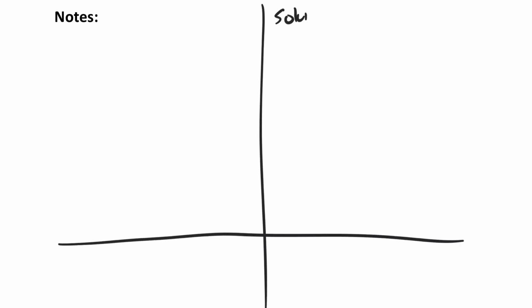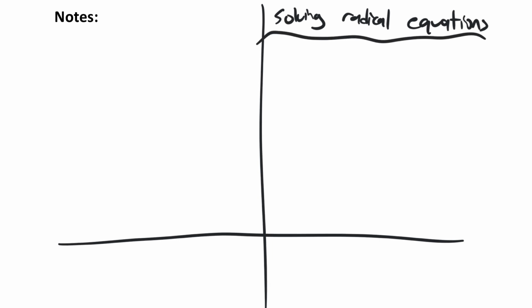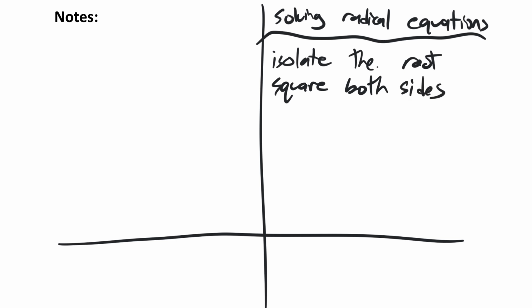All right, so let's go ahead and take some notes on this. So here we are solving radical equations. The basic technique is that we isolate the root, square both sides, and then solve for x with algebra.